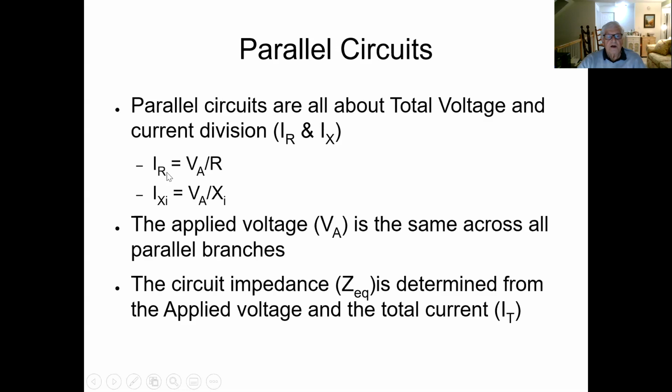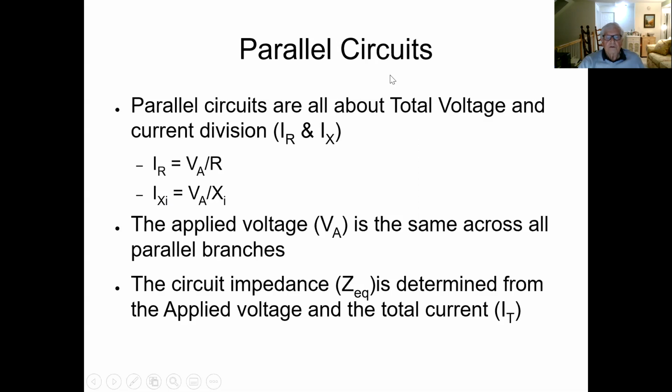If we've got a capacitor or a reactive component in parallel with the resistive component, then the current through the resistor is just VA over R, and the current through the reactive component is VA over the reactance.